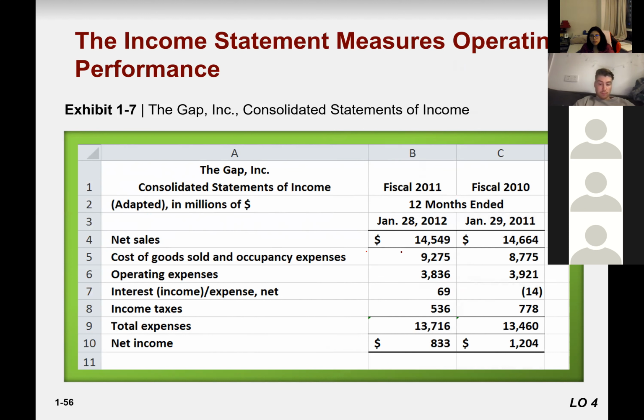Now expenses, we have more than one expense. So you write down expenses, add all these, and total expenses are the addition of the items below this underline. So 9,275 plus 3,836 plus 69,536, total 13,716. This is the total expenses.